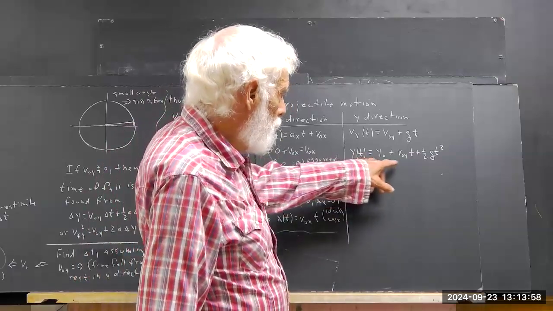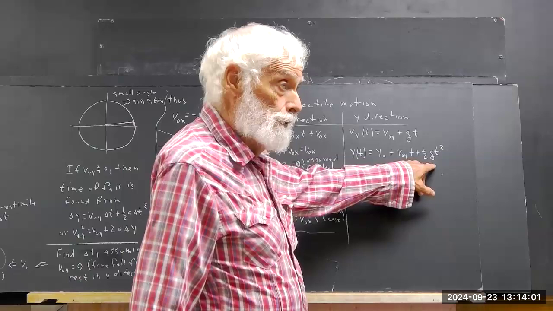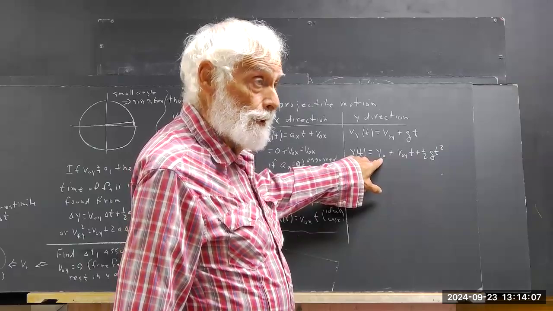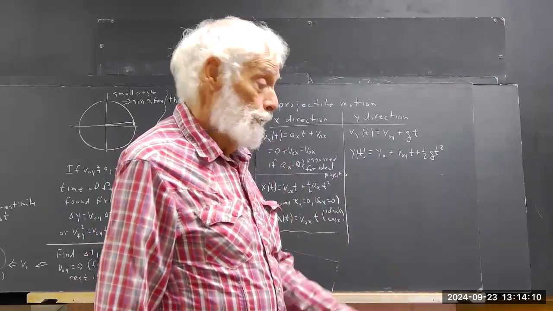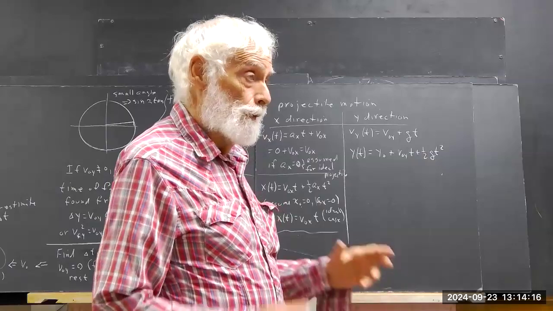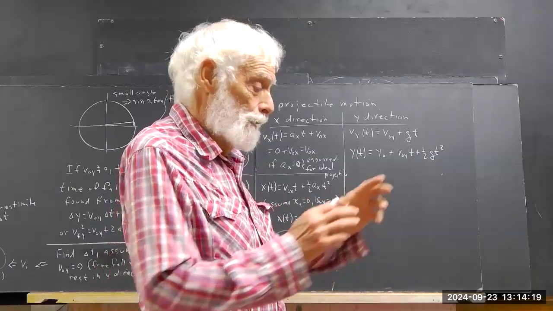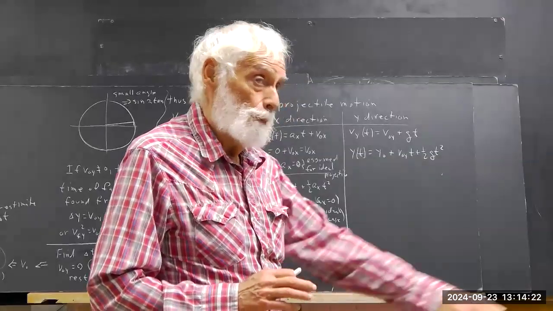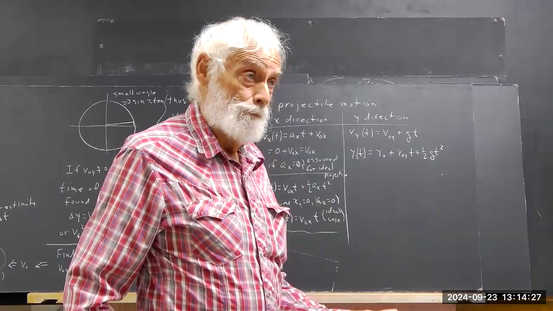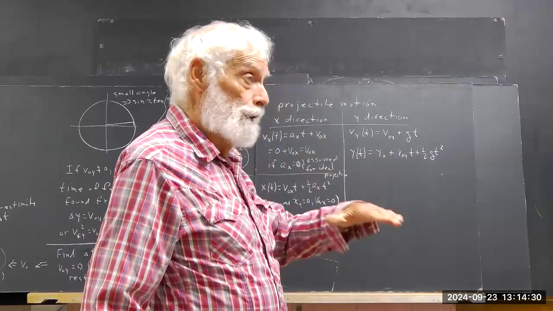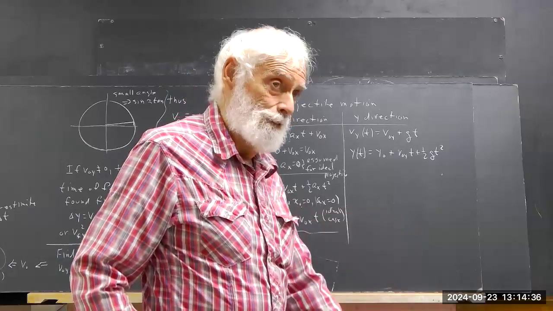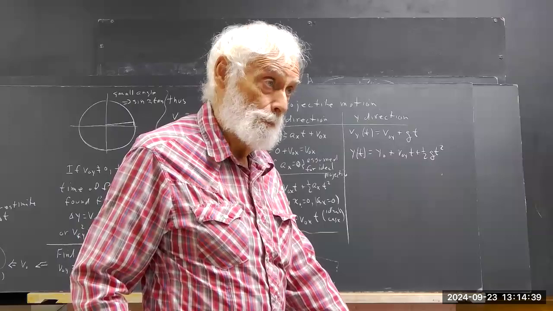Say that y of t is y naught plus v naught y t plus 1/2 g t squared. We put a y naught in there because typically for a projectile, you're at some height above what would be your zero height. Like if you're firing a cannon from a hill and it's going to land on a plane below, you probably want that plane to be y equals 0, although you can set y equals 0 any place you want. If you choose y equals 0 at the position of your cannon, then the ground is at a negative position, right? Y is negative.